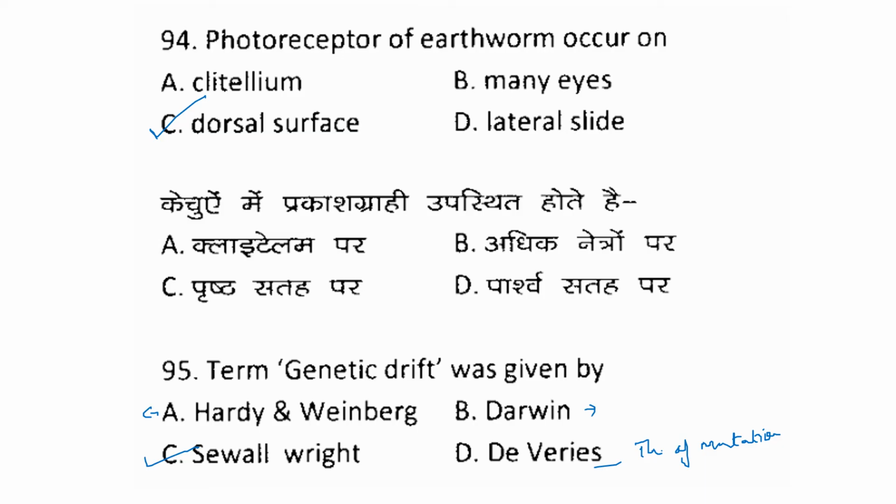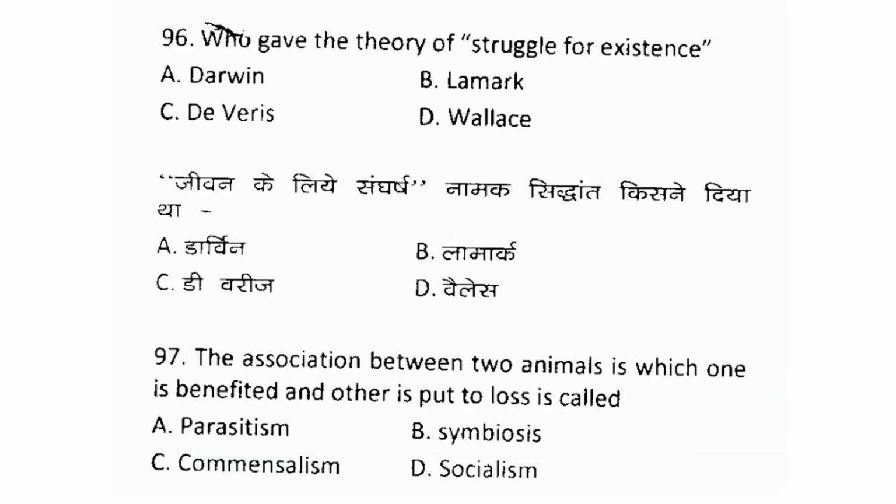Darwin is known for The Origin of Species, in which he gave his theory of natural selection. Hardy and Weinberg, we have already discussed, gave the population equilibrium law.